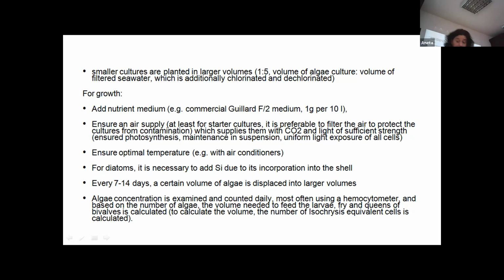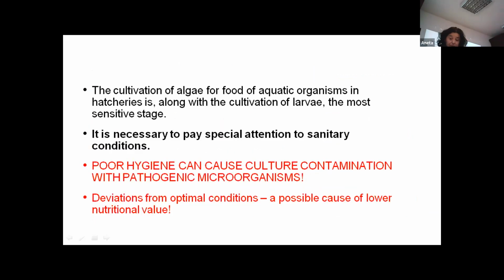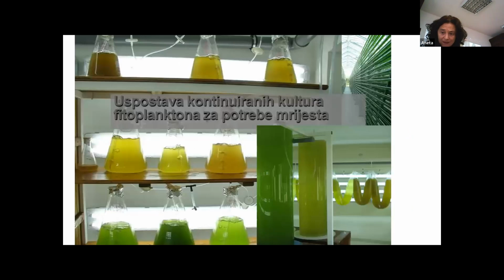And this is necessary to keep in mind. And I would say that it is necessary to pay specific attention to sanitary conditions, and every variation can result in lower nutritive value.